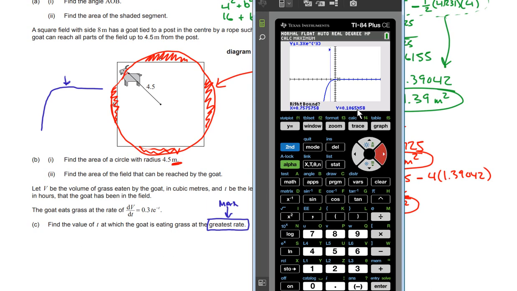And now we're going to keep watching it, and as soon as it goes back down, we know we've hit a maximum. So 10.9, 11, back down to 10. Look at this thing, it's coming back down. So we know somewhere in here there's a maximum.